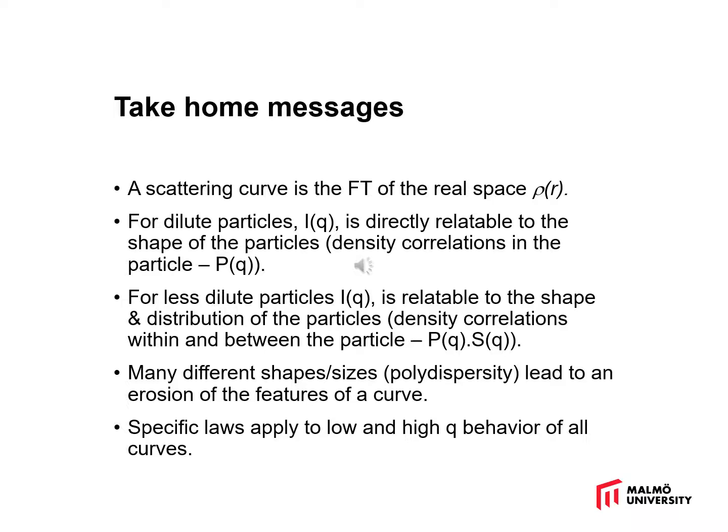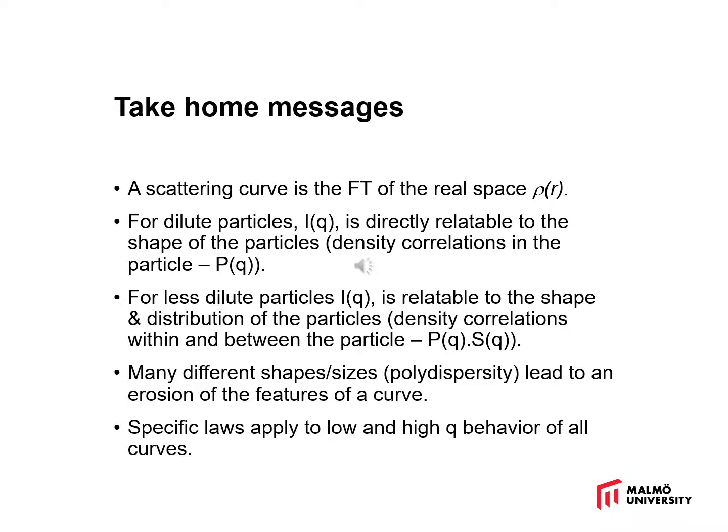For dilute particles, that's particles that are a long way away from each other, and there's no density fluctuations which are due to intercorrelation between particles, that is, you're only looking at the structure of the particle, the intensity that you measure is directly related to the density correlations within the particle, the form factor. For less dilute particles, the intensity that you measure as a function of Q is related to the shape, the form factor, and the distribution of particles in space, or the form factor times the structure factor.